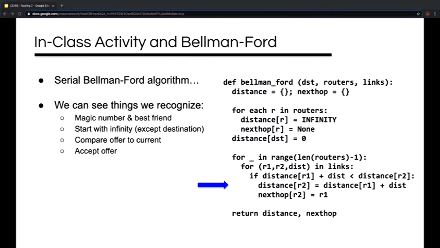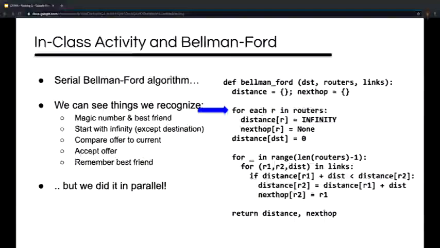If that's true, then you accept the offer. You change your distance to be the distance of your neighbor to the destination plus the distance from you to the neighbor. And then you remember your best friend, your next hop.